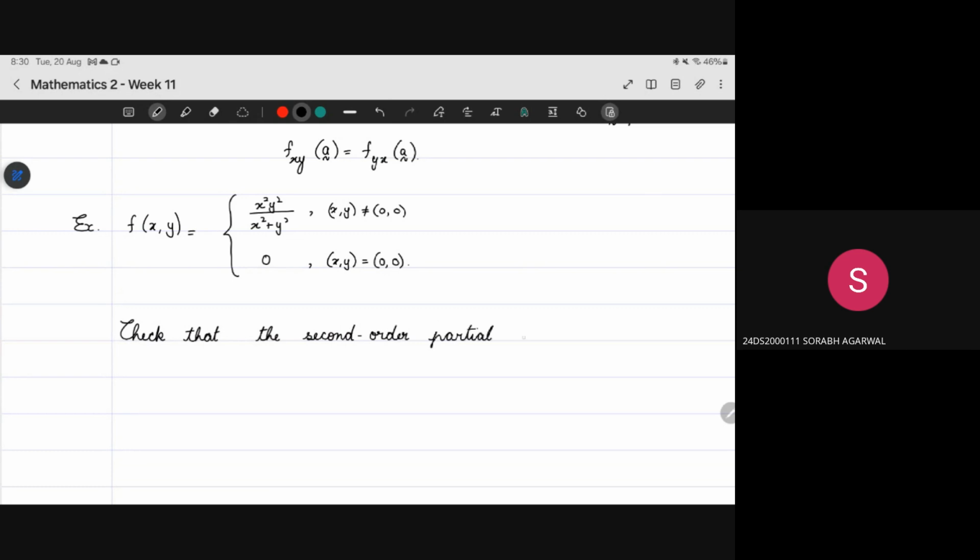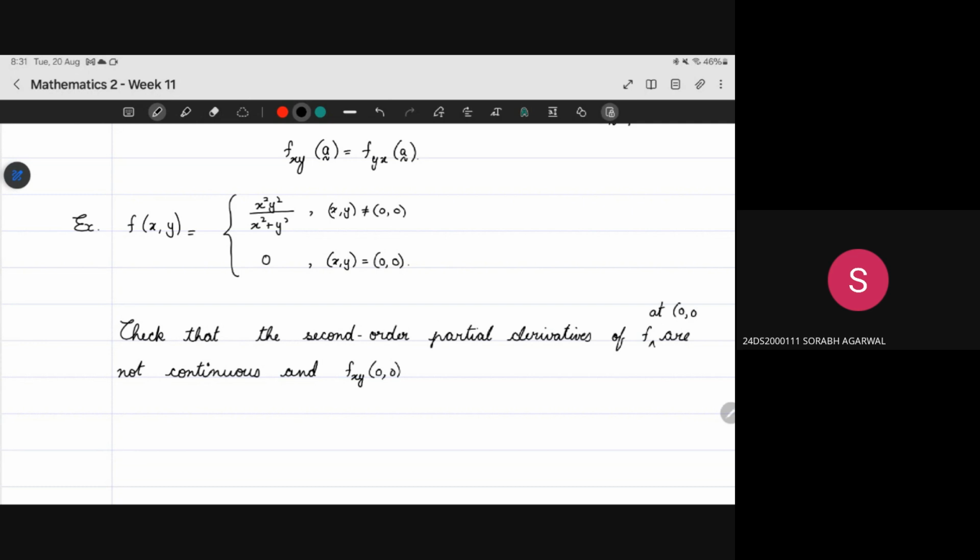Second order partial derivatives of f are not continuous. They exist, but they're not continuous. And fxy, the partial derivatives of f, again, at the origin.